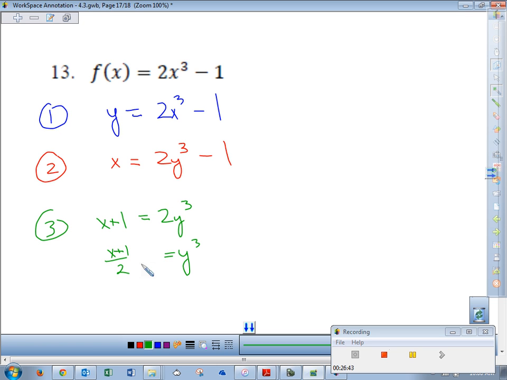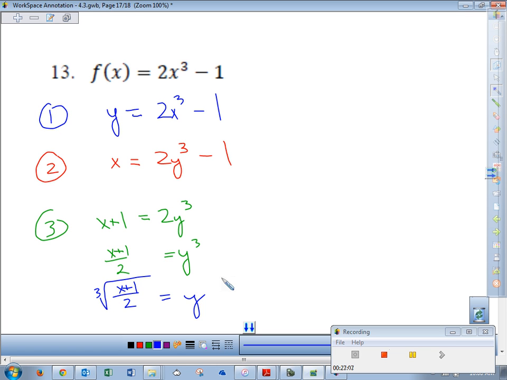It really means no difference, but you'll see why I'd like to do that here in a second, because there's one more move to get y all by itself. This is where precious memories come in. What do we still got to do to get rid of a cube? Cube root. So, cube root of x plus 1 over 2 equals y.